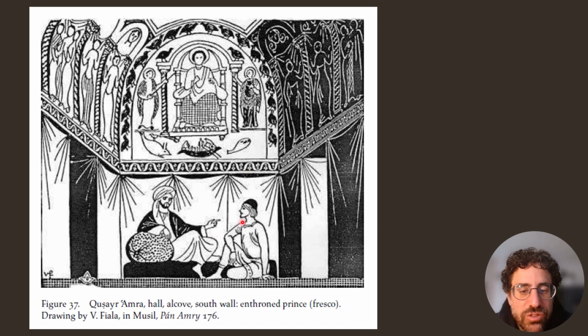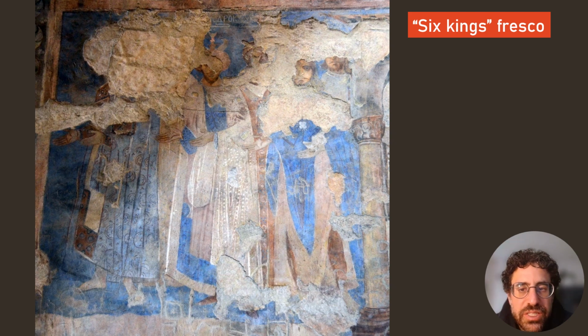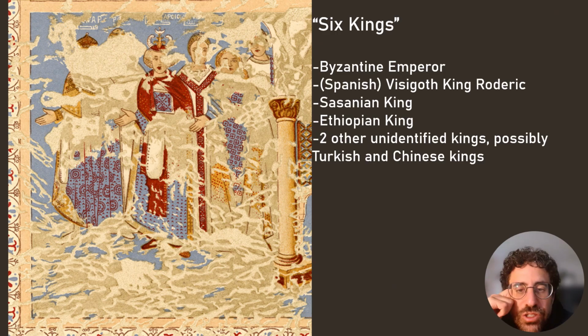So I've put up this recreation or illustration. What we clearly have is a kind of hall of kings on each side. Now, there's this six kings fresco, which looks like this today. It's difficult to make out who exactly they are, but you can go through and try to understand some of them based off the inscriptions, which are in Arabic and in Greek.